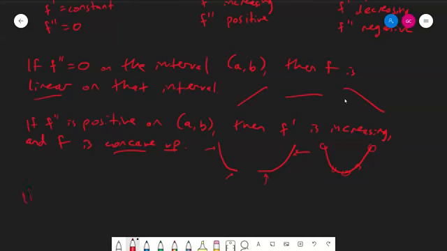And well, finally then, if f double prime is negative on the interval from a to b, that means that f prime is decreasing and that f is concave down.